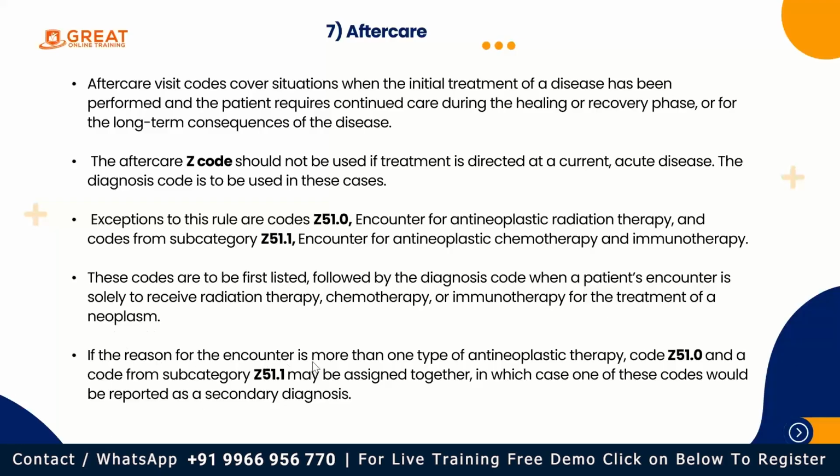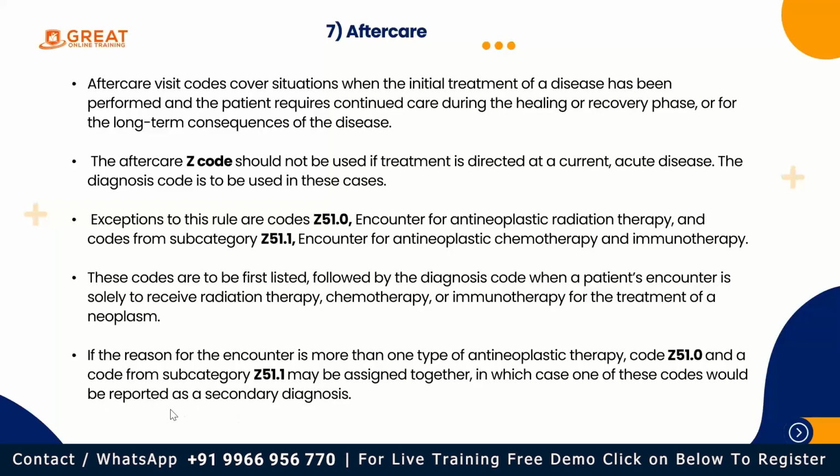If the reason for encounter is more than one type of anti-neoplastic therapy, code Z51.0 and a code from subcategory Z51.1 may be assigned together, in which case one of these codes would be reported as a secondary diagnosis.